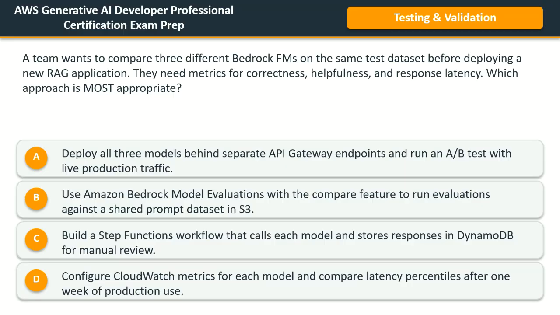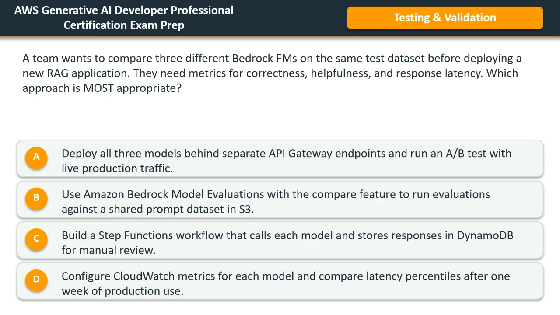Option C, build a Step Functions workflow that calls each model and stores responses in DynamoDB for manual review. D, configure CloudWatch metrics for each model and compare latency percentiles after 1 week of production use. B is the correct answer.